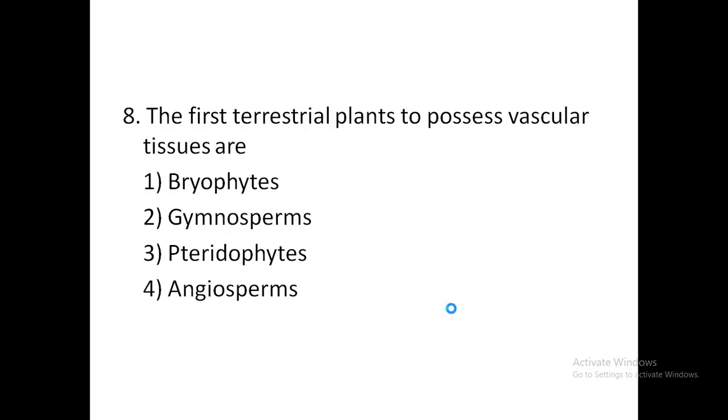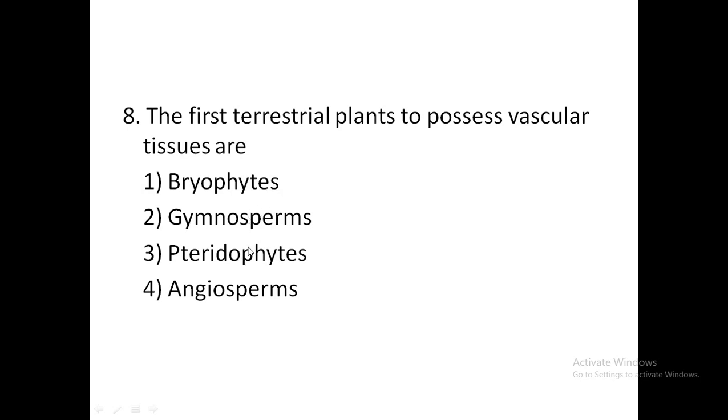Moving on to the next question. The first terrestrial plants to possess vascular tissues are... Vascular tissues, as you know very well, are xylem and phloem. Bryophytes do not have vascular tissues. They lack vascular tissues. Though they have root-like, stem-like, and leaf-like structures, they are not true roots, true leaves, or true stem because they do not possess vascular tissues.